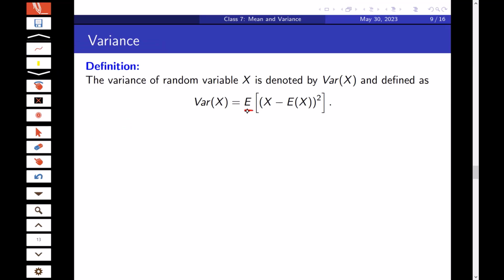we have an expectation. The variance of x, we can also denote by sigma squared, or in some cases by V of x, but this is the most common one. So it is E, the expectation of x minus E of x, which is the mean.